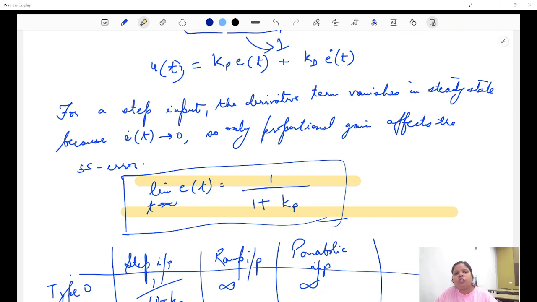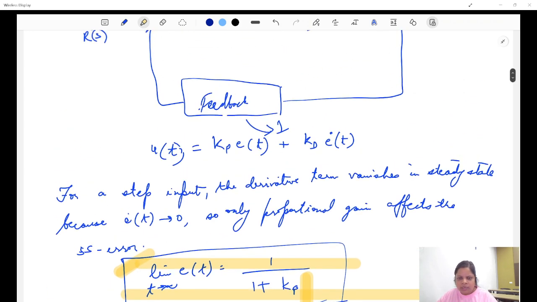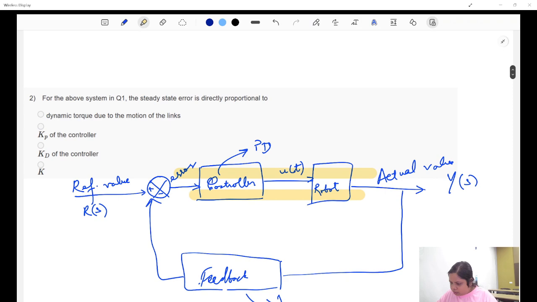So only the proportional gain affects the steady state error. So it is 1 upon 1 plus Kp into 1 by K, where 1 by K is multiplied with Kp. This steady state error is inversely proportional to Kp, so it is directly proportional to 1 by Kp, or decreases when Kp increases.